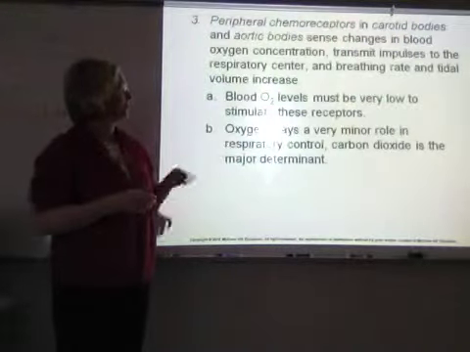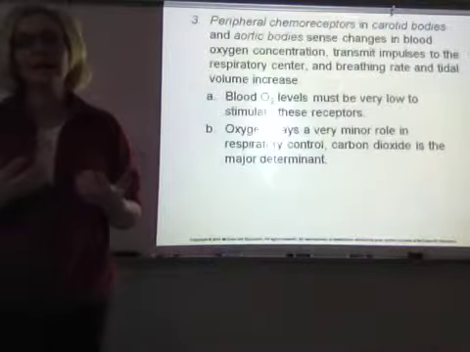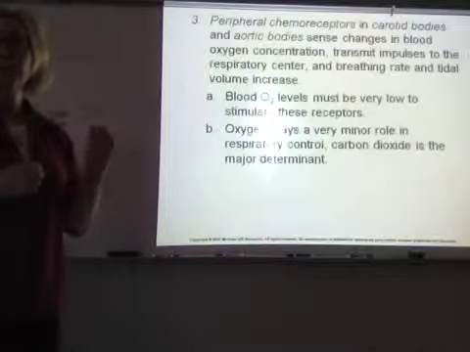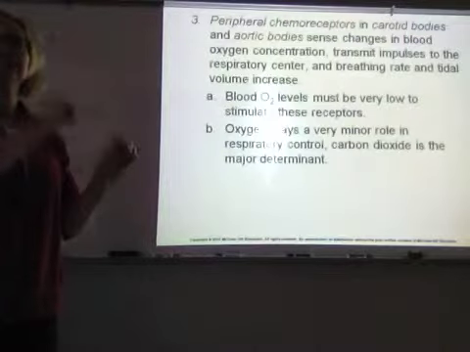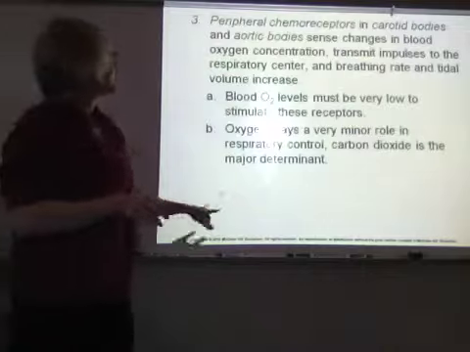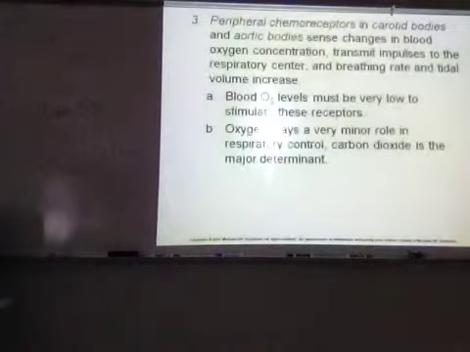Oxygen plays a very minor role in your respiratory center. Obviously, oxygen is very important for our respiration, but CO2 levels are more important in signaling changes, if that makes sense. So carbon dioxide is the major determinant of your breathing rate.